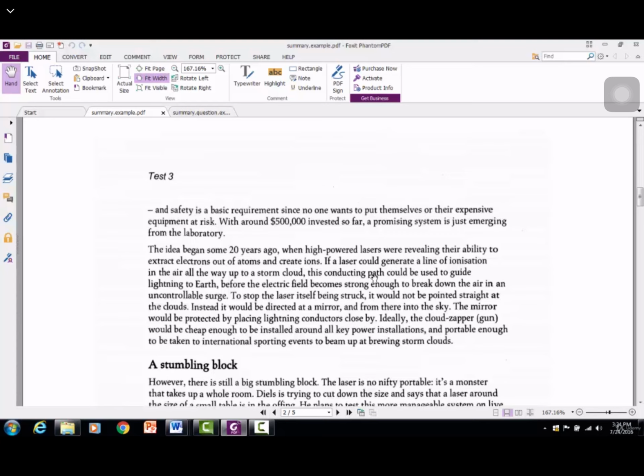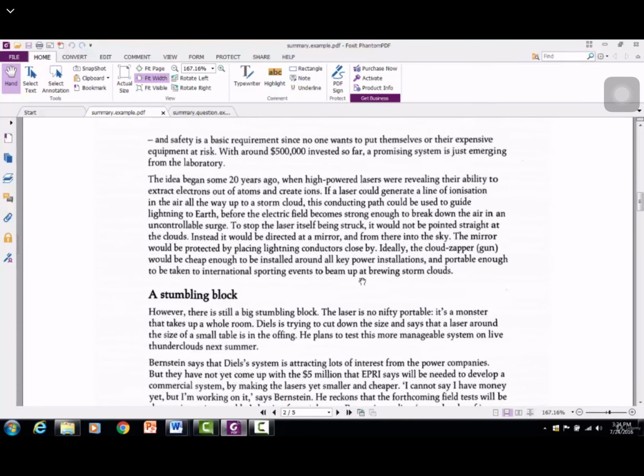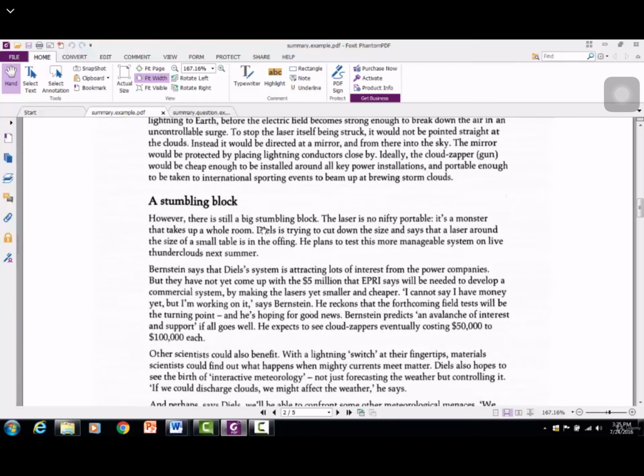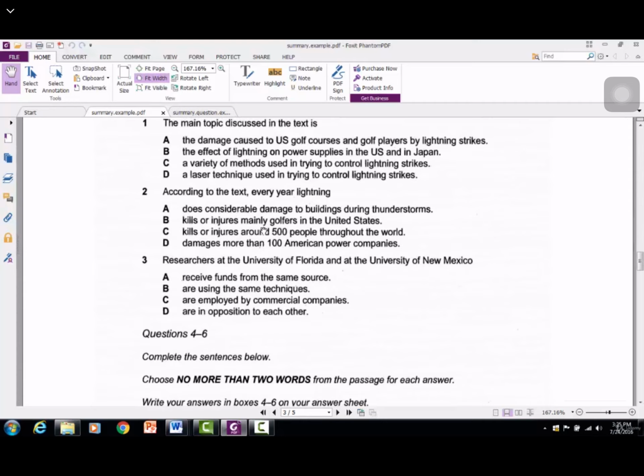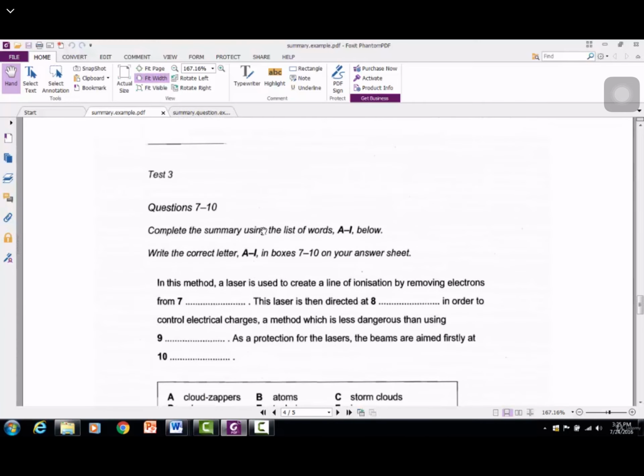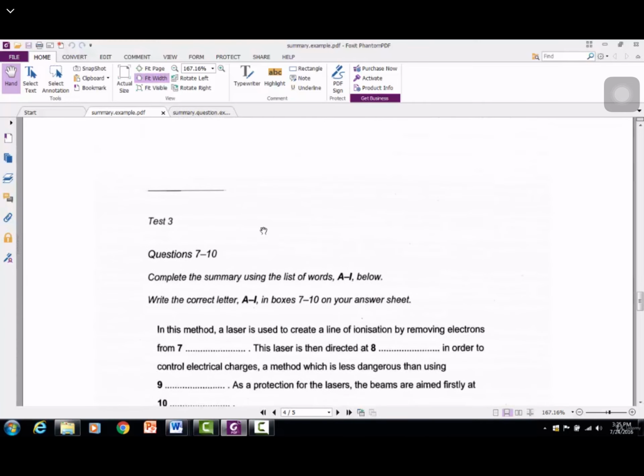Well, here it is right here. To stop the laser itself being struck, it would not be pointed straight at the clouds. Let's see. To control electrical charges. Okay.